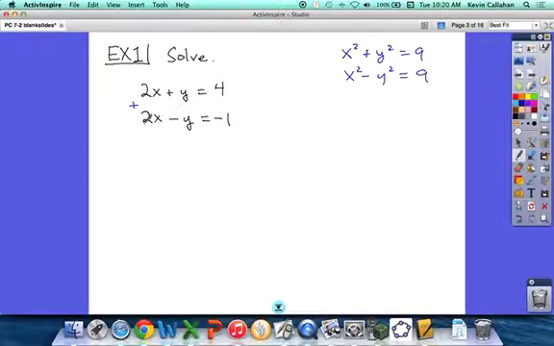Plus. And that'll give us 4x equals 3. Right? So in that step, y was eliminated. And then you still have to solve for the variable, so divide by 4, x equals 3/4.